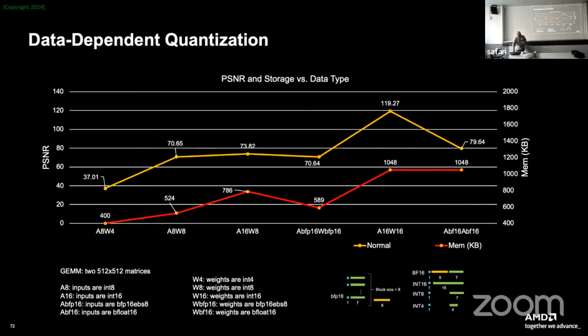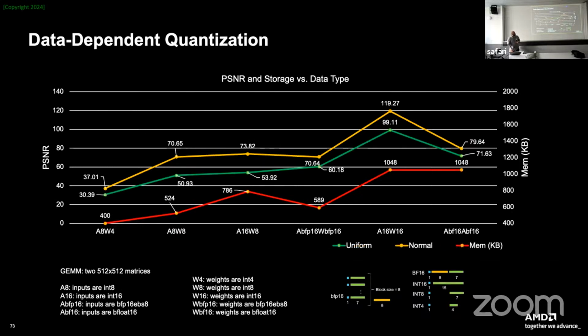If I change my distribution to uniform, it is still not much of a dynamic range. It's between 0 and 1. And int16 is still good, but because of the dynamic range, you can see the effect of that exponent in int16. That's kind of visible.